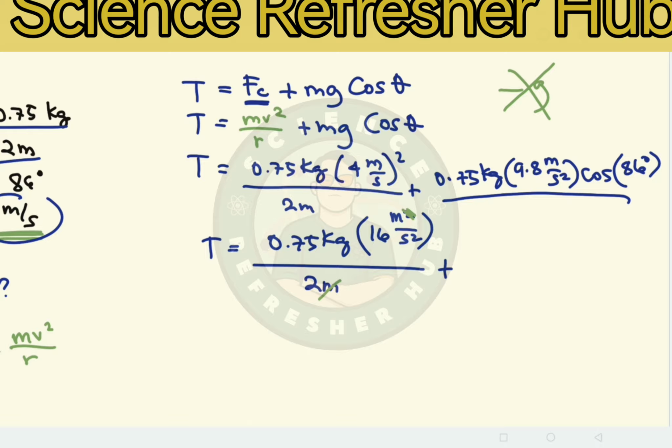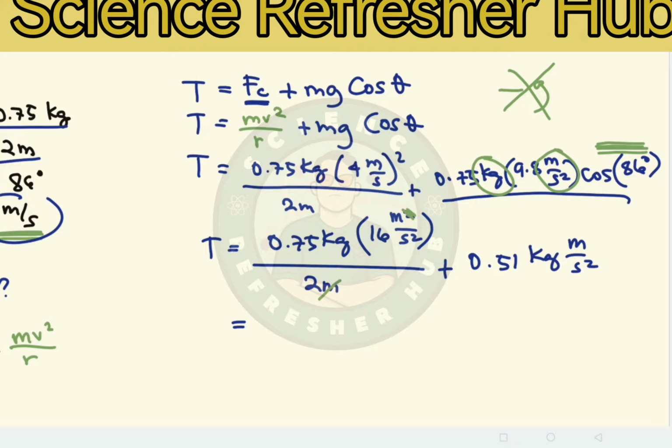And the answer is 0.51. Okay, and the unit here, take a look at kilogram and meter per second squared. The cosine is dimensionless here, so no need to put degree. The remaining unit is kilogram meter per second squared.